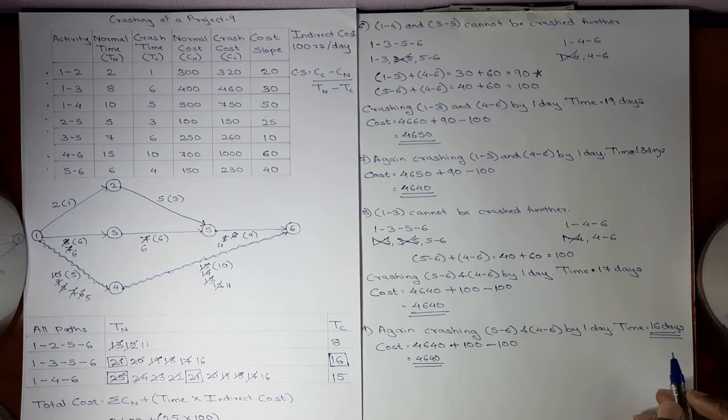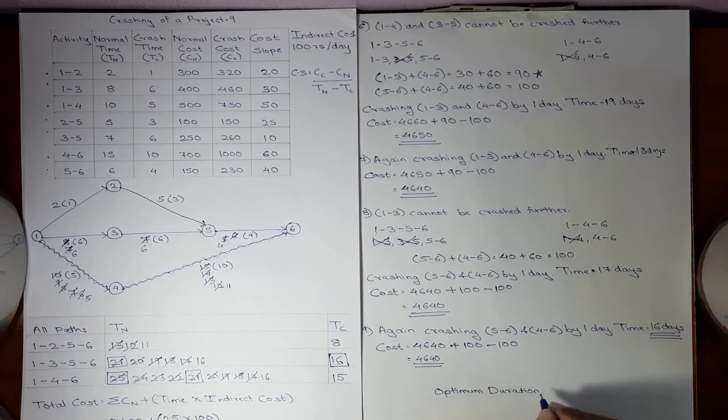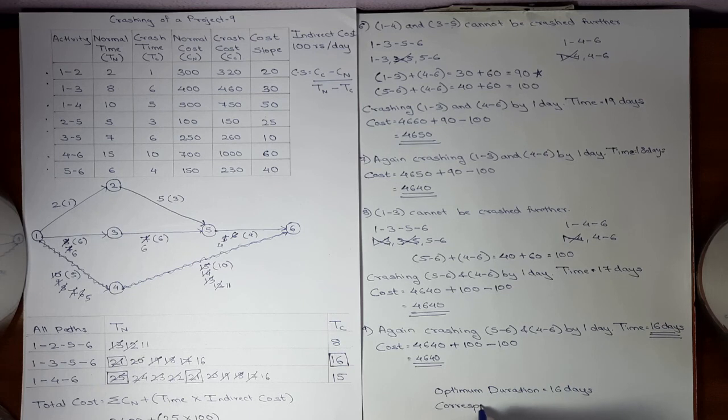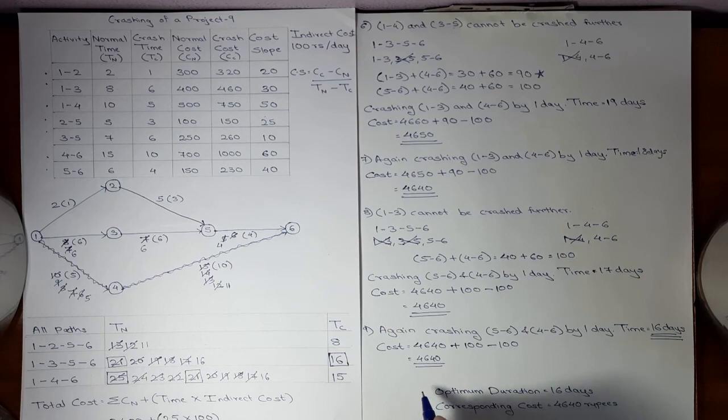So there is no need to crash the process further. So our final answer will be optimum duration is 16 days and the corresponding cost is 4640 rupees. This is our final answer.